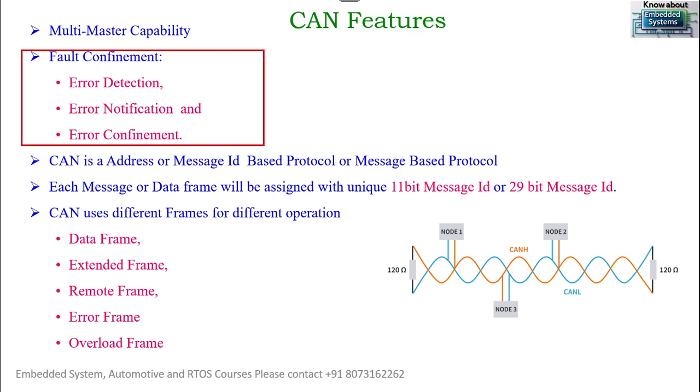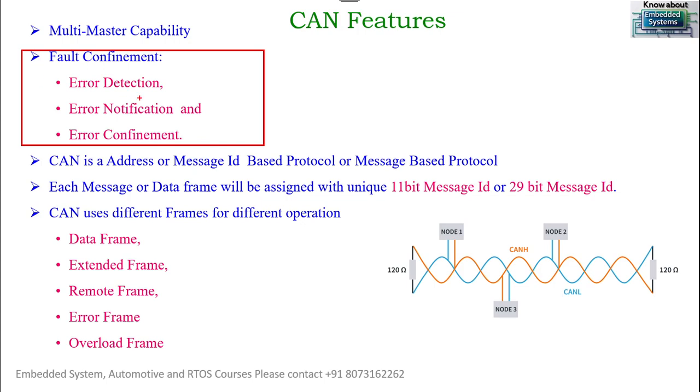CAN protocol has a fault confinement mechanism. That is, if there is any error in the network, CAN itself is able to detect it, notify, confine, and recover from the error. If there is any error in the network, it will perform these 3 to 4 steps and come out of the error scenario.